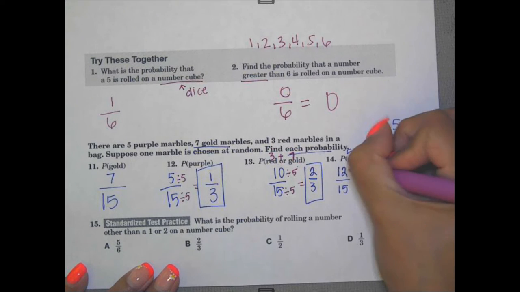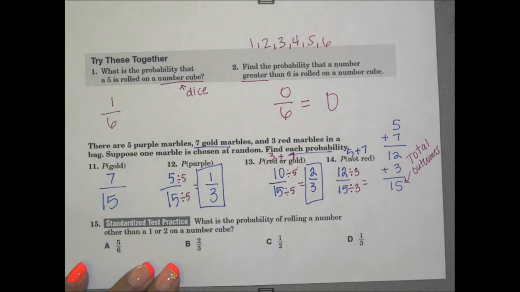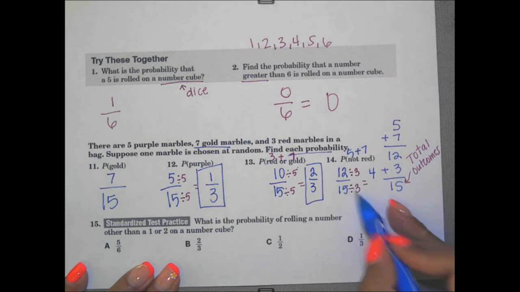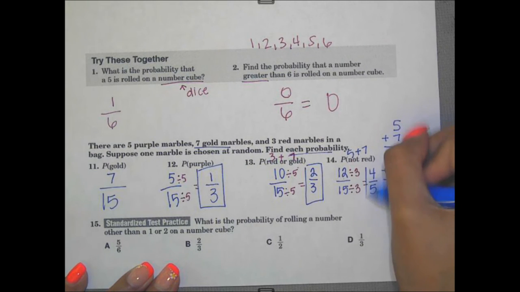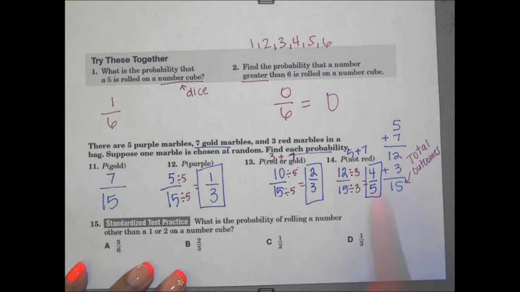So on this one, 12 divided by 3 and 15 divided by 3. 12 divided by 3 is 4. 15 divided by 3 is 5. So my probability of not getting a red would be 4/5.